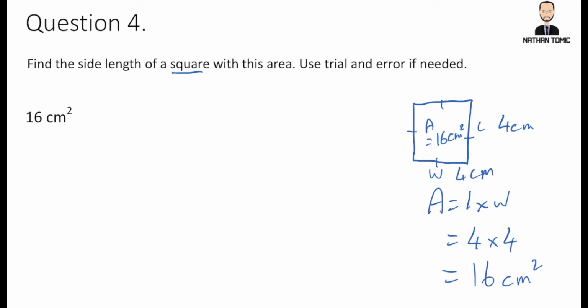Now this is a worded question, so I should probably provide a worded answer. So the side measurement is 4 centimetres. Now remember, that is not squared. The squared is when you talk about the area. This is a side measurement.